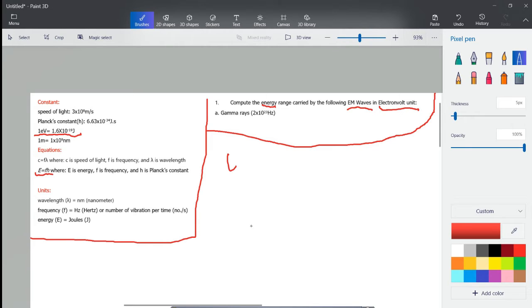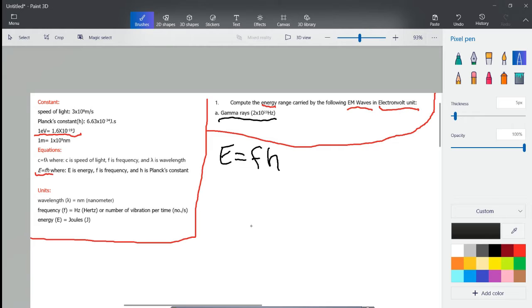Let's use another black pen. So energy is equal to frequency times the Planck's constant. Sorry for the penmanship. Now we have a given frequency of gamma radiation, which is 2 times 10 to the power of 23 hertz.